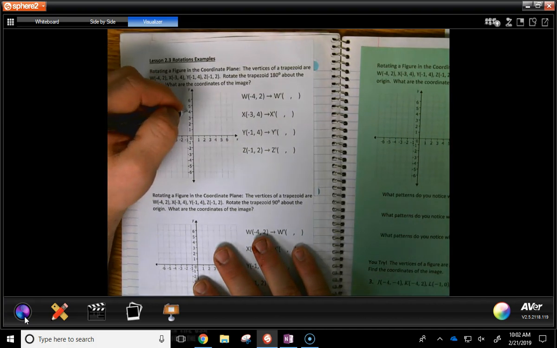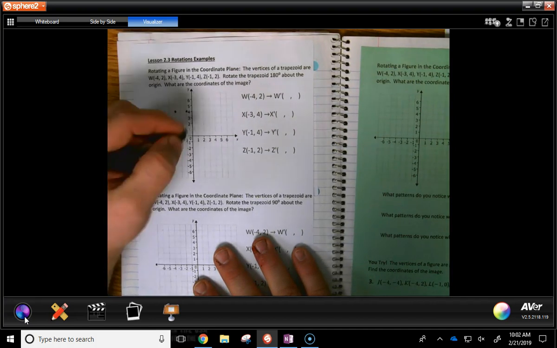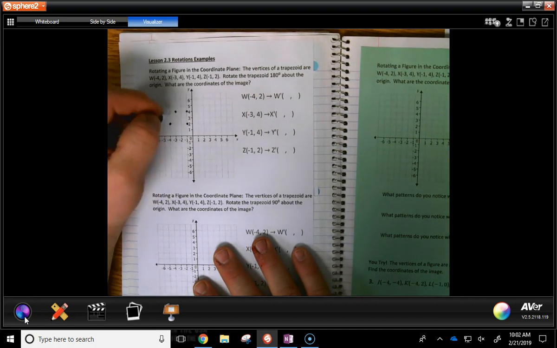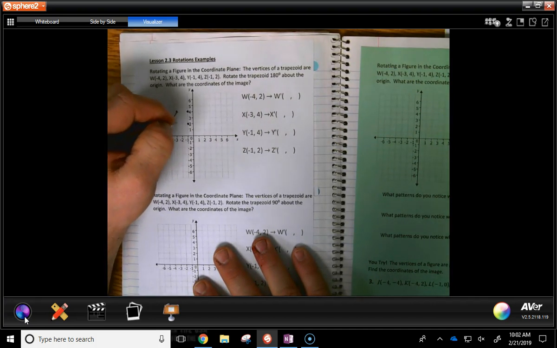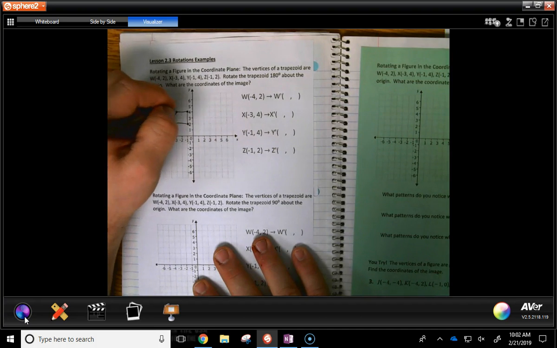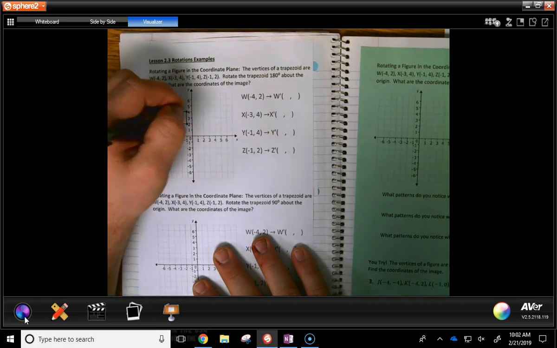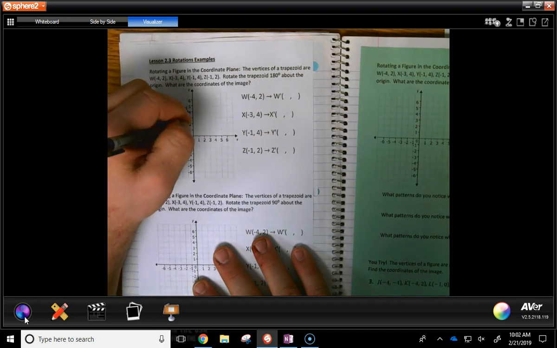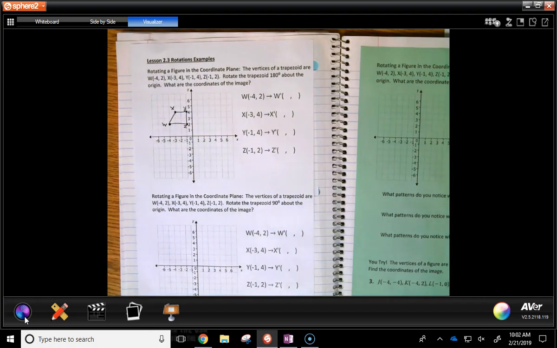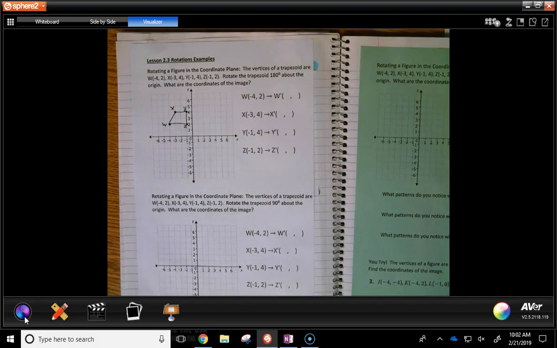Y at -1, 4. And Z at -1, 2. W, X, Y, and Z. That is what I should be seeing you guys making right now on our first example.